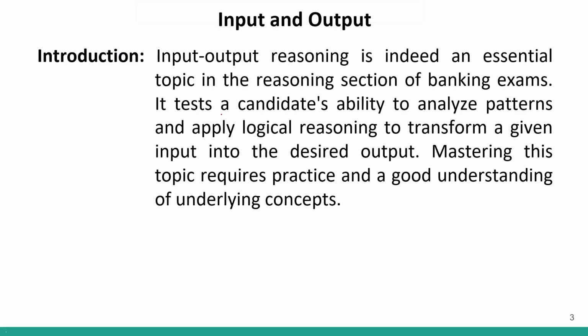So, let us start. Now, what do you mean by input and output? Input and output basically means, for example, you have a machine, okay? Let's say this is a machine, and this is your monitor, and you have your keyboard over here.